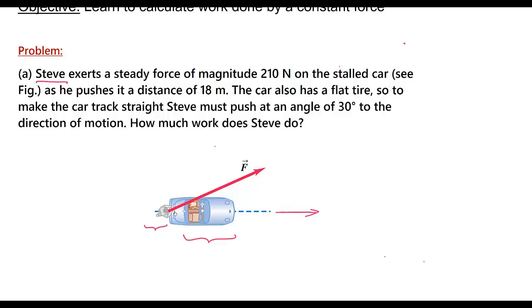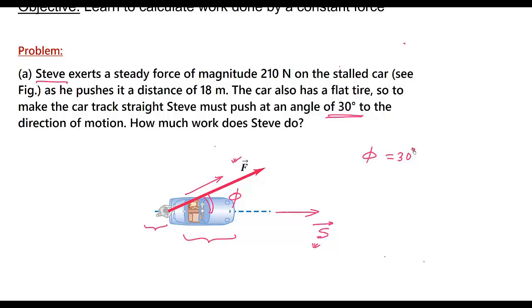The force Steve is applying is in this direction, so the displacement vector and the force vector are not in the same direction. There is an angle, and this angle is given in the problem. This angle is 30 degrees. Let's call this angle phi, and phi in this case is 30 degrees.